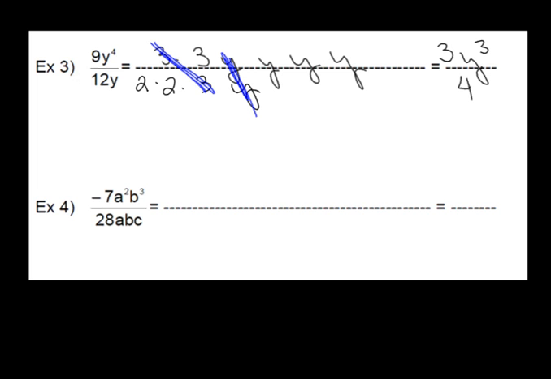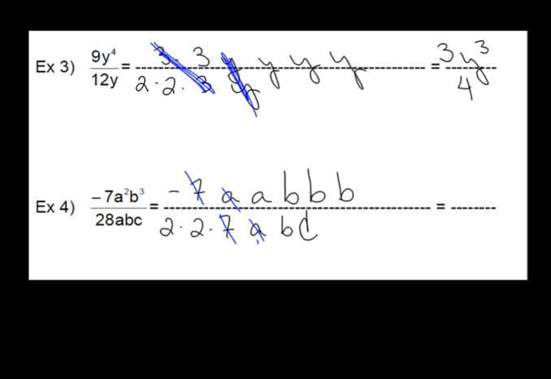And example 4. I have a negative 7, and then I got 1, 2, 3 of my b's chilling up there. I got 28. 28 is really 2 times 2 times 7. Then I have ABCs. ABCs, they're easy as 1, 2, 3. Here I can cross out 7, and 7 goes away.